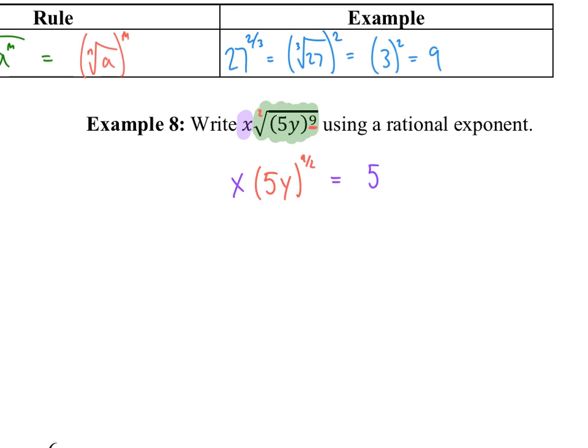So it'd probably be 5 to the 9 halves power, and then x, and then y to the 9 halves power. Yeah, because we do things in alphabetical order, that's probably the way to write that with rational exponents.